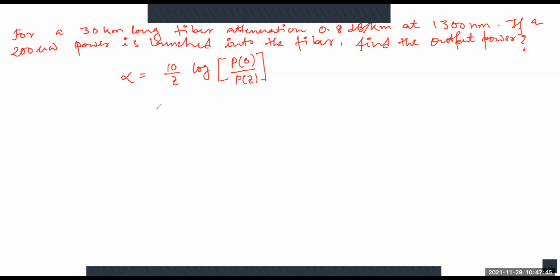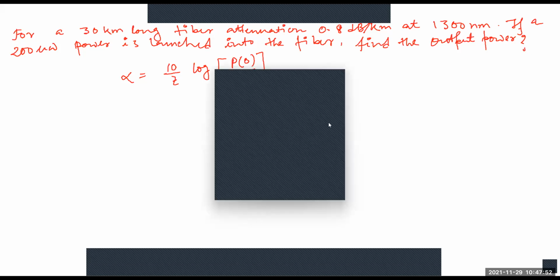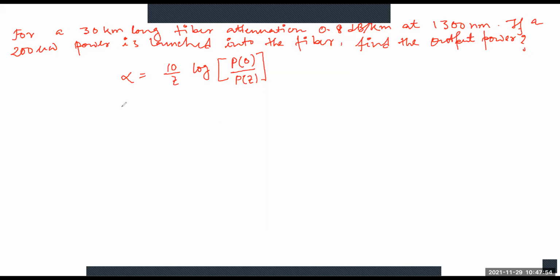So now here 0.8 equals 10 by 30, because here it is mentioned that the fiber is 30 km long, so the value of z is 30, log, this is 20 mu watt divided by Pz.